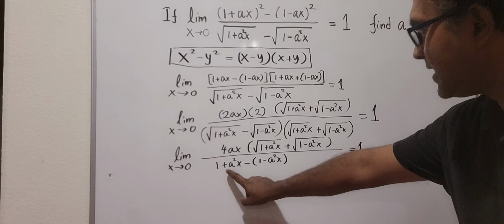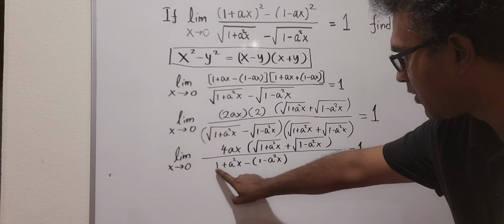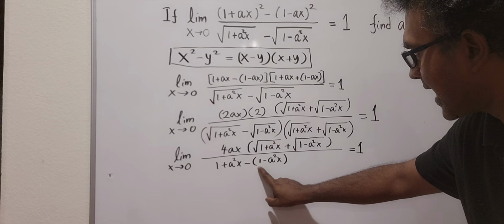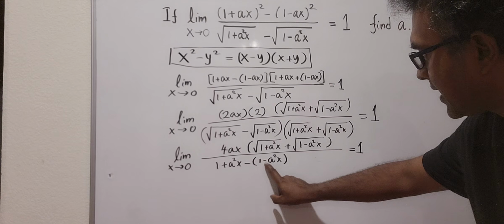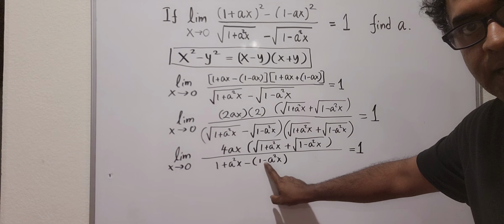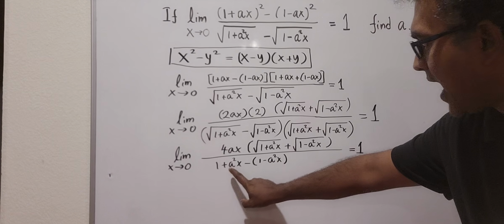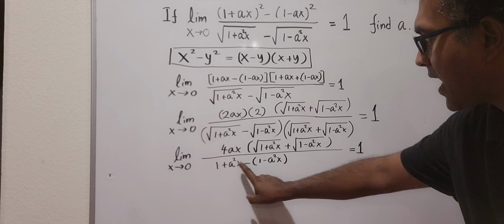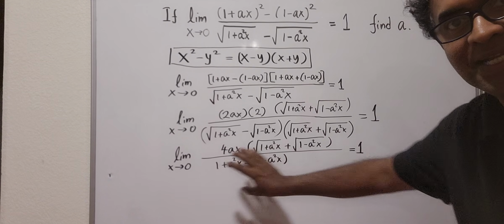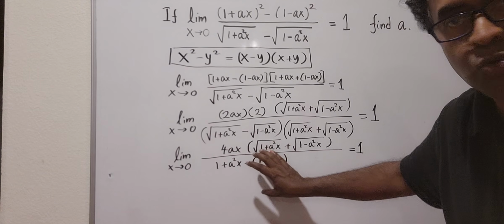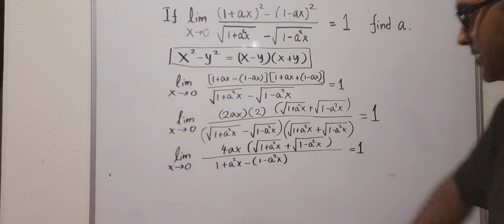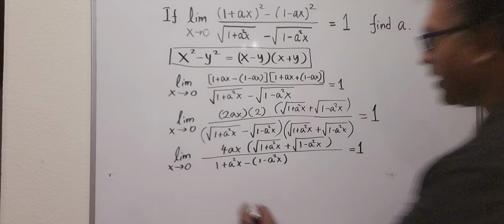So the denominator, can you see, 1 and minus 1 will cancel out. This minus sign distributed with this one is going to be plus. So the denominator simplifies to 2a squared x. So I'm going to write that down now.